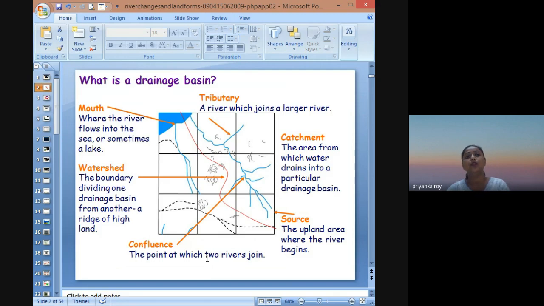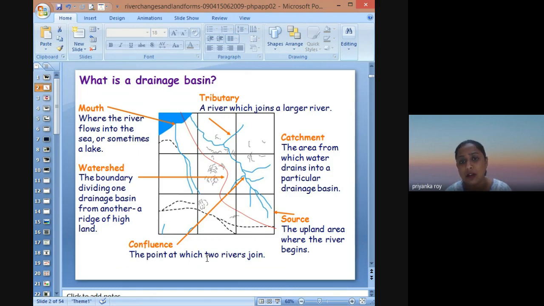Okay, so let's first of all understand what a drainage basin is. A drainage basin comprises various tributaries, catchment areas, small streams or sources, and areas of confluence of various tributaries or streams into the main river system. Tributaries are where small river systems join.